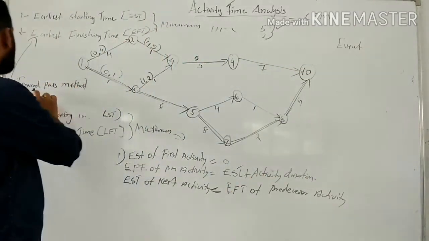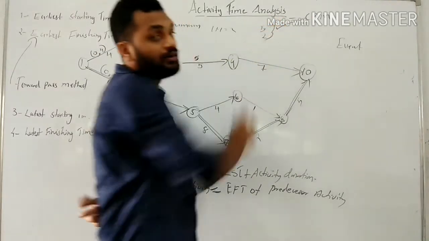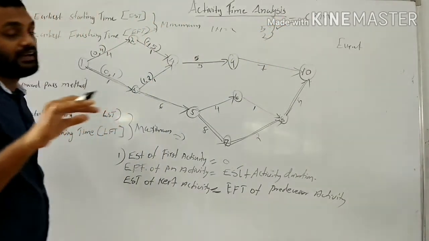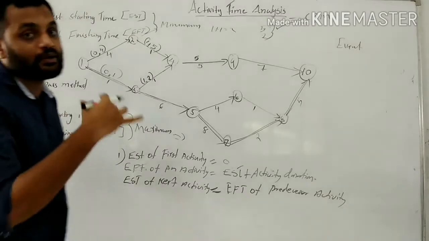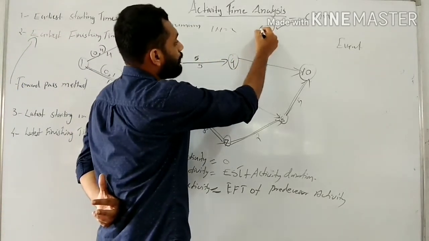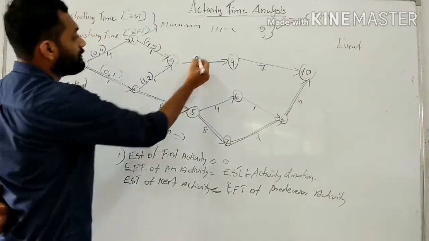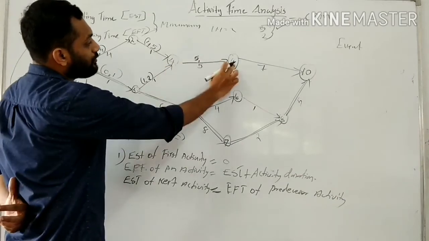In the forward pass method, we take the maximum. Like here also, we are taking the maximum time, that is 5. 5 is the ESP of 4 to 9.